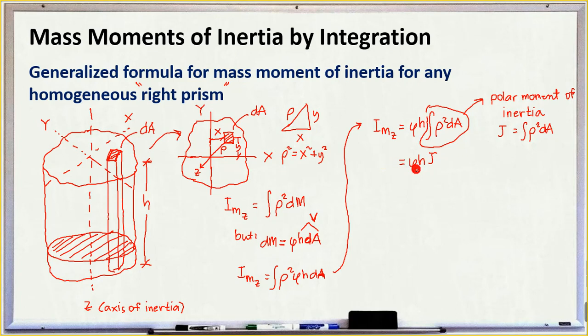Next, we can replace the J. J, which is the polar moment of inertia, is also equal to the area of the object times the polar radius of gyration squared. Again, k_p is used to represent the polar radius of gyration.